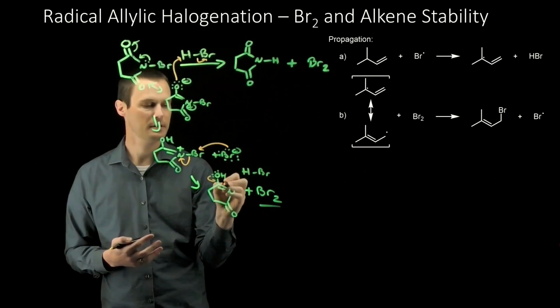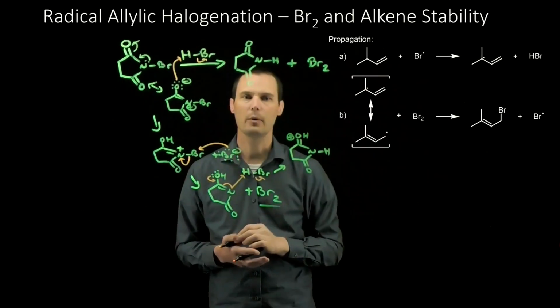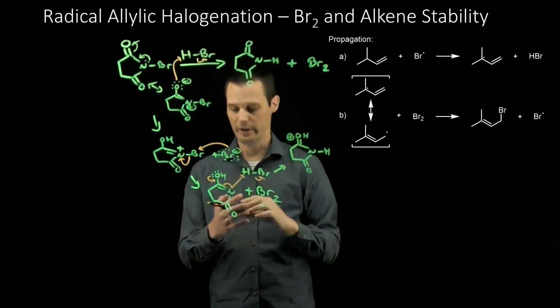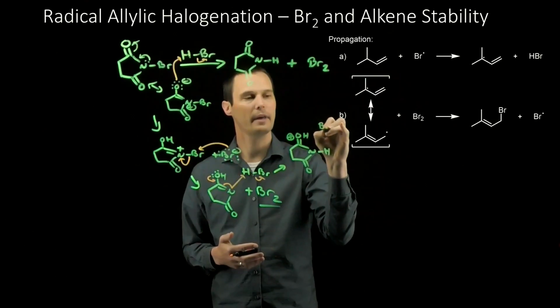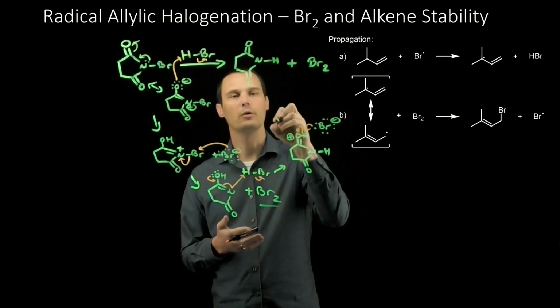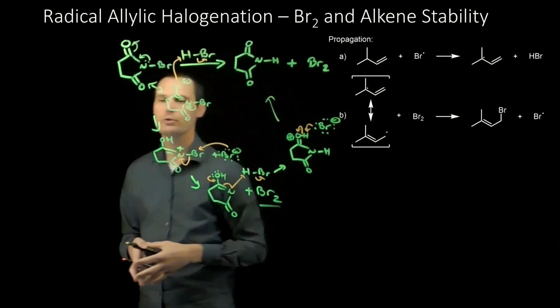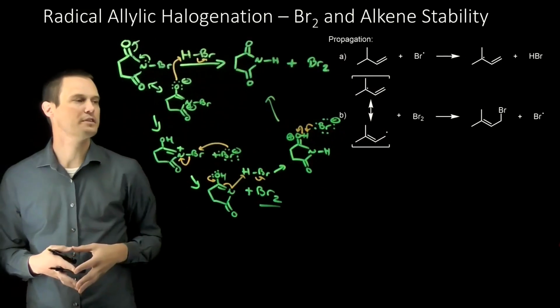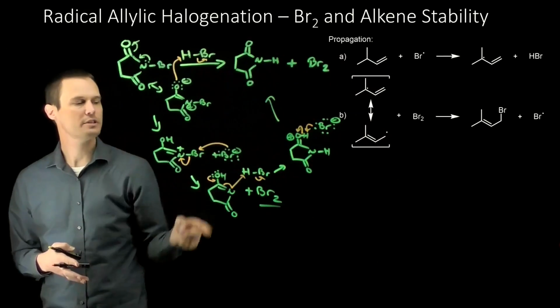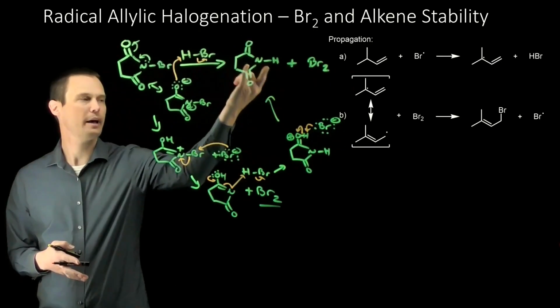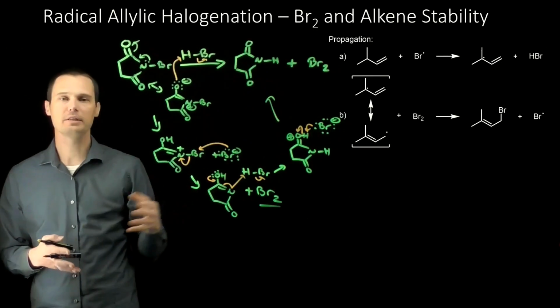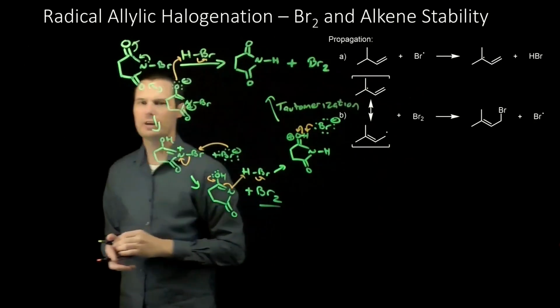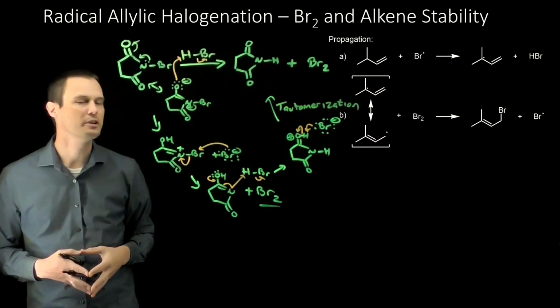This time the most basic site is the nitrogen. That forms our nitrogen-hydrogen bond. We just need to get rid of the hydrogen and oxygen, and we can do that using Br-, and that will form succinimide and our Br₂ elemental bromine that we need for the second propagation step. These last two steps where we are trading the position of a hydrogen and a double bond, we call this process tautomerization. I talk more about tautomerization in another video, so I'm not going to expand on it here.